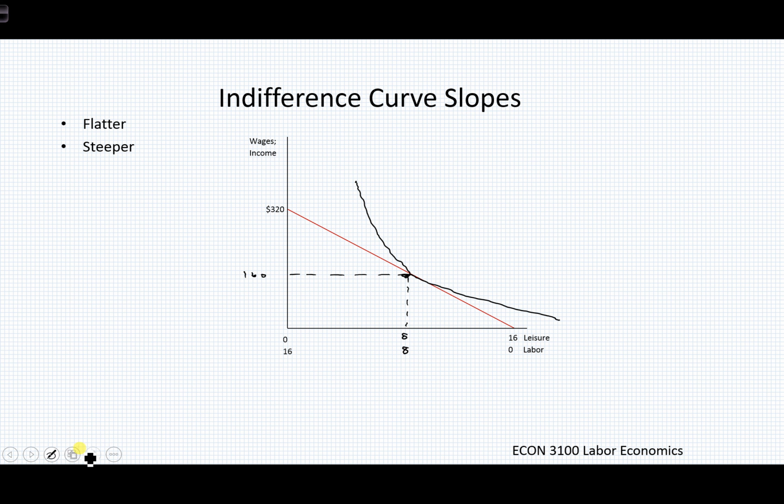When it's a flat indifference curve, then we see that the requirement is not nearly as robust, as steep, so that the individual with a flat indifference curve is going to be willing to trade leisure or labor for leisure at a relatively nominal increase in wage.